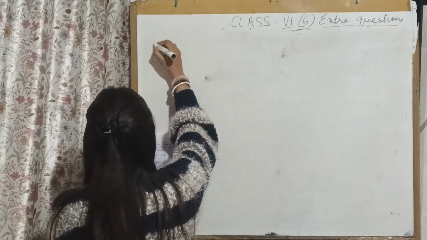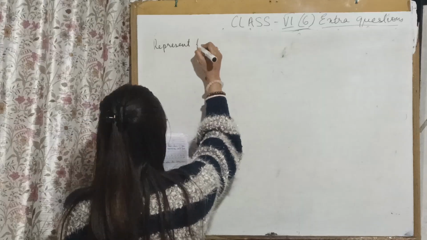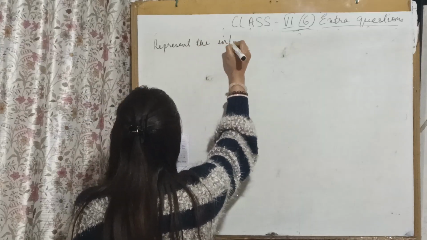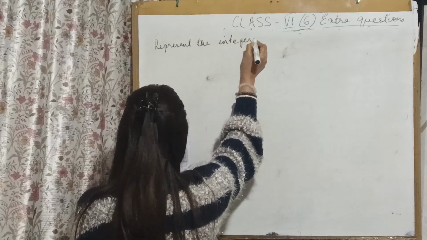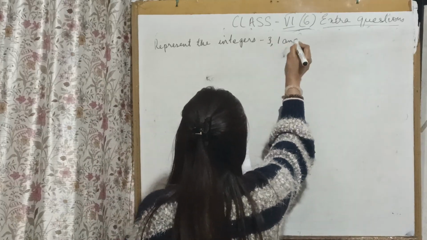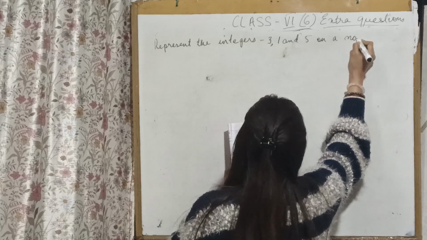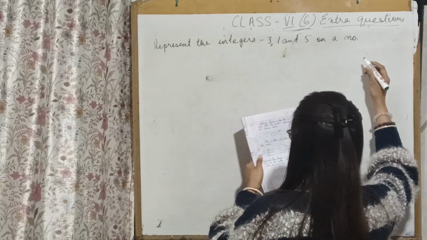So represent the integers -3, 1 and 5 on a number line.